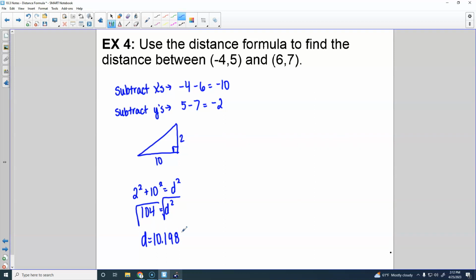So if you do it this way, you don't have to have a formula memorized. You're just kind of thinking through how to make your triangle and do the problem.